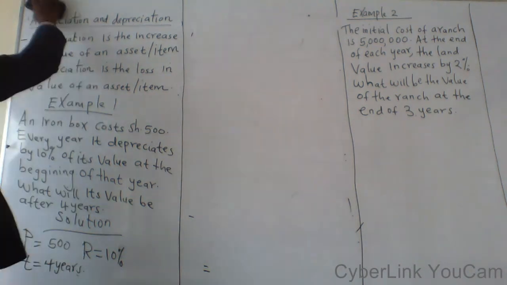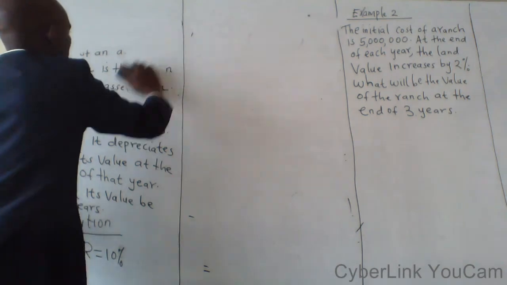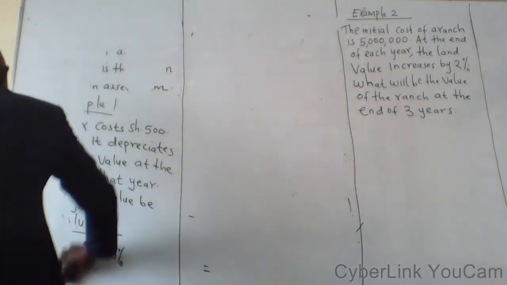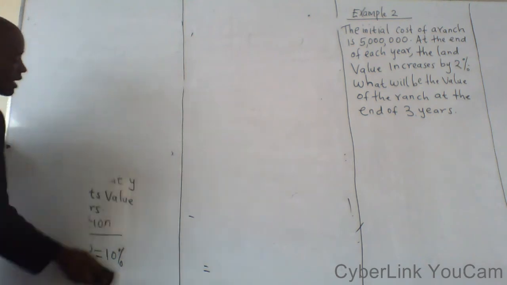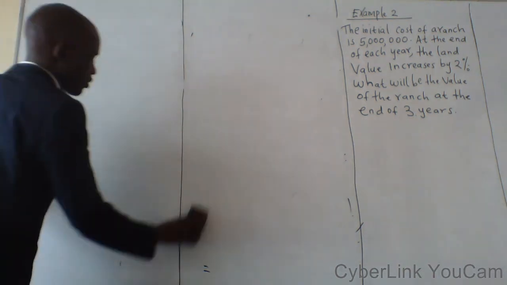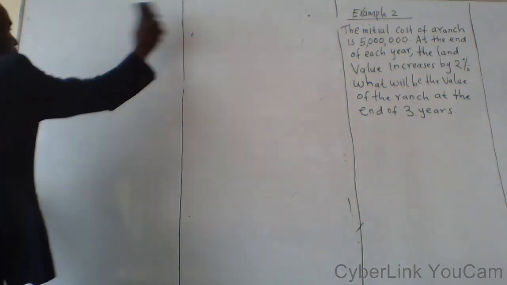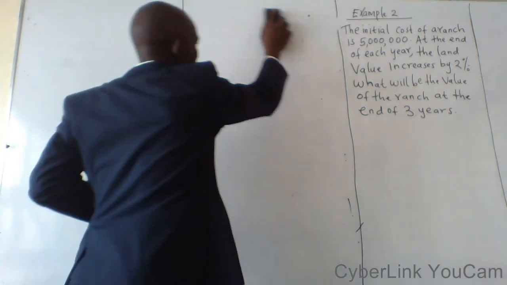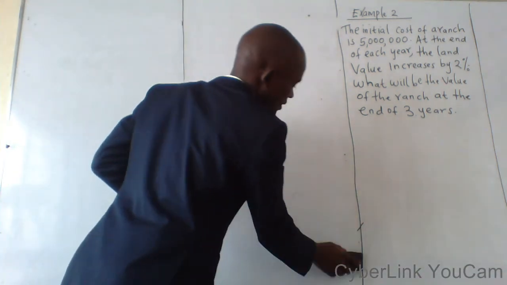Remember, we have said appreciation is all about the value of an item increasing. That is what we call appreciation. And in this case, we have been told the land is appreciating by 2%. So what that means, you can use the two methods, and if you intend to use the compound interest formula, the sign is a positive because the land value is increasing.